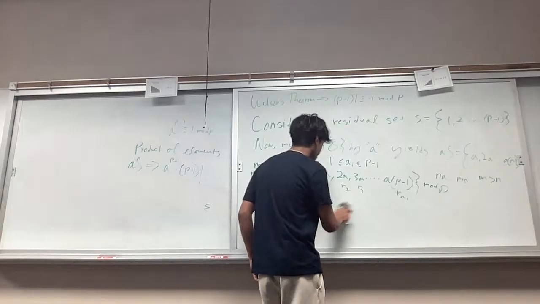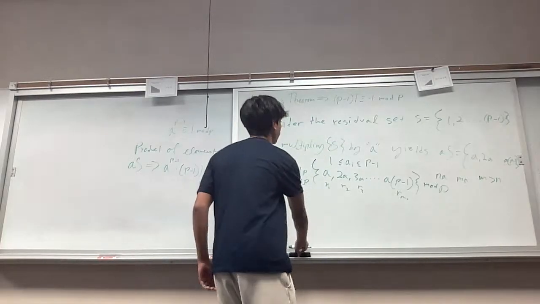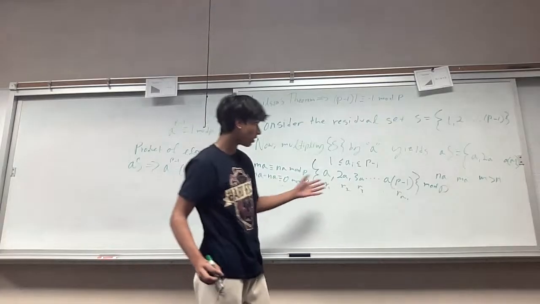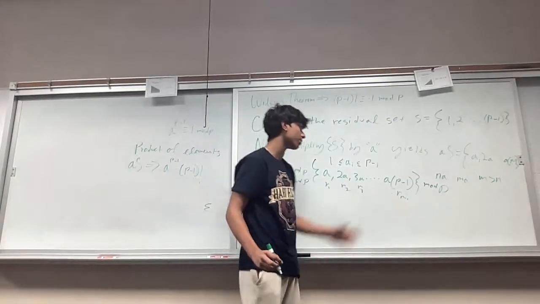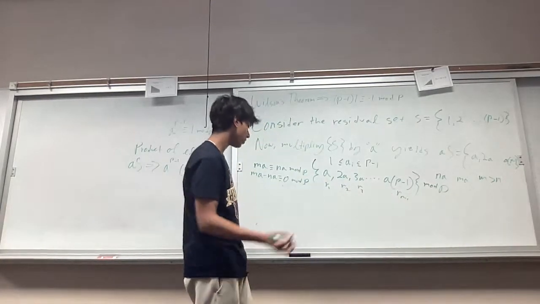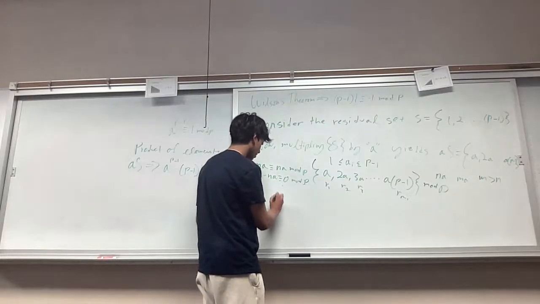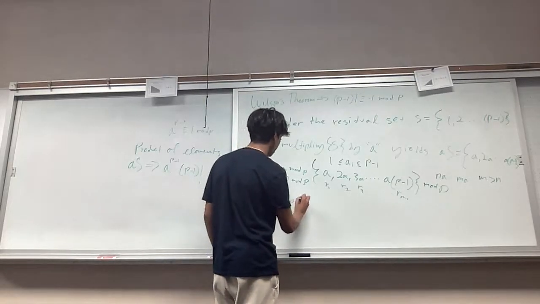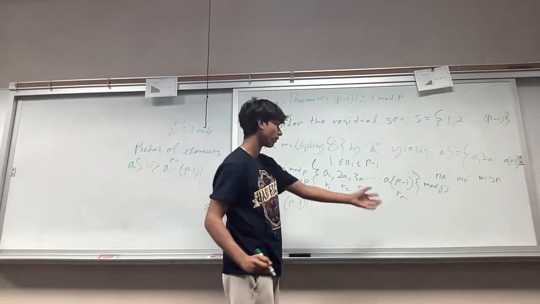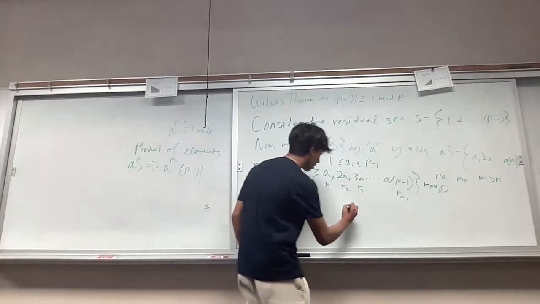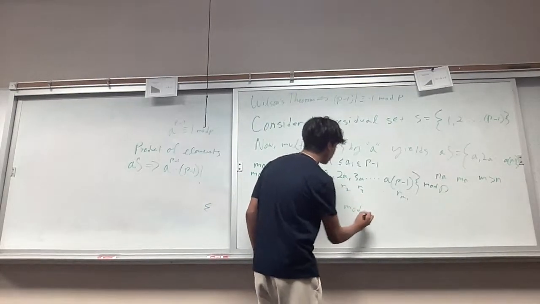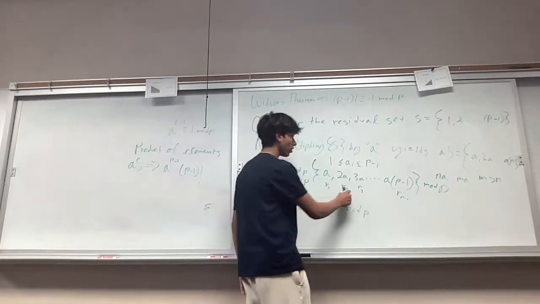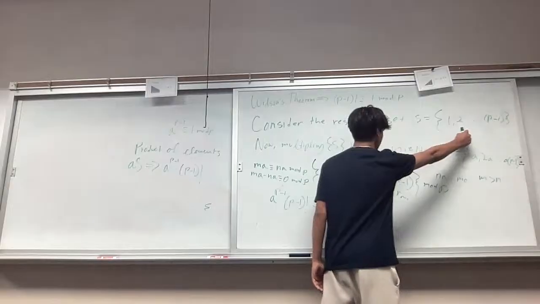It's a lot of jargon, but what is the point of all this? When you multiply all these together and take the mod p of it, what's going to happen? We're trying to find out what this is. So a to the p minus 1 times p minus 1 factorial is the product of all of them. In mod p, we've already decided that the residuals are R1 all the way down, which is the same as this set.